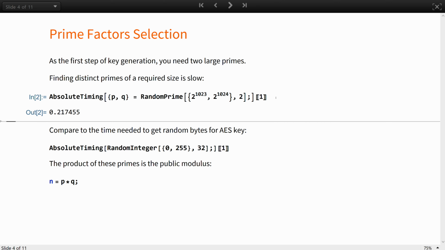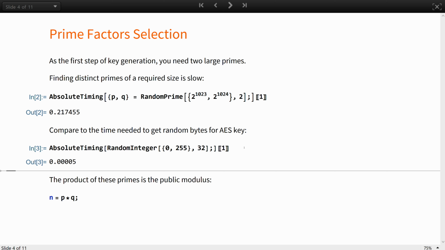It is slow, and some applications concerned about the speed try to invent hacks at this step, introducing vulnerabilities. You can see that the time this just took is 4 orders of magnitude longer than the previous example of just getting random bytes. The product of these primes is the public modulus, which is part of the public key of RSA.